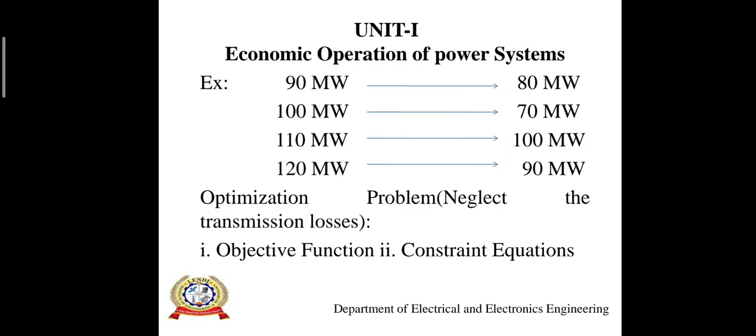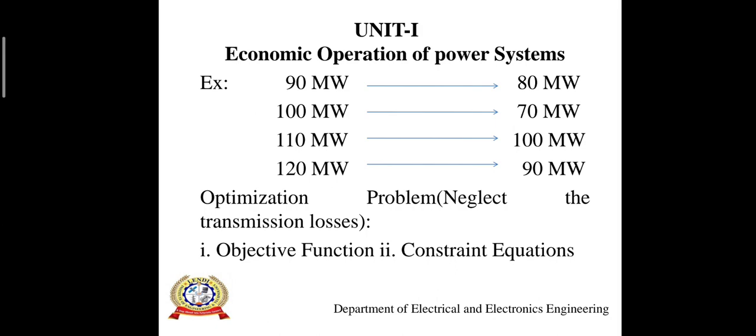That is about classical methods of economic operation of plants, and then the optimization problem. Here we neglect the transmission losses. In the optimization problem we have two parts: first is the objective function and second is the constraint equations.